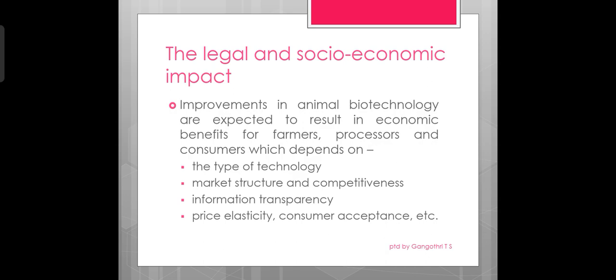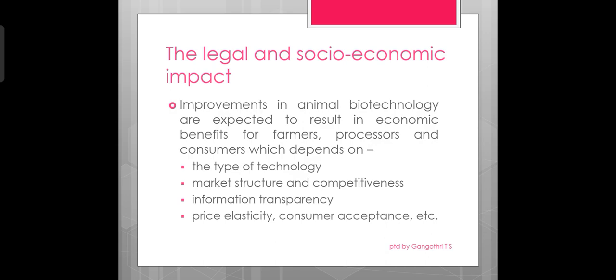Improvements in animal biotechnology are expected to result in economic benefits for farmers, processors, and consumers. The distribution of this depends on the type of technology, that is a cost reducing technology or a quantity enhancing or quality enhancing application.